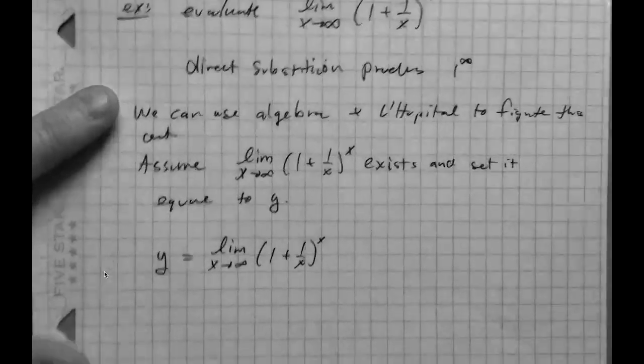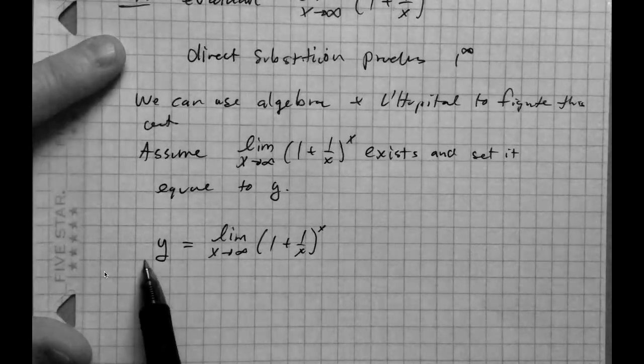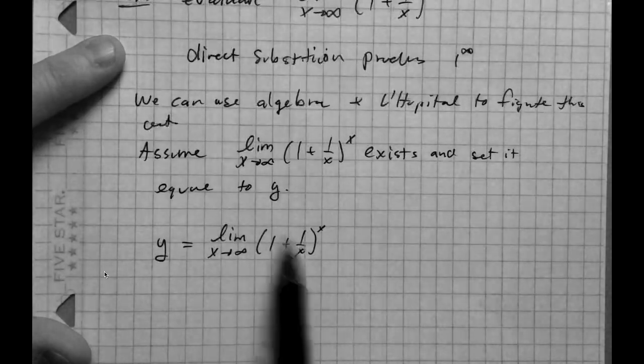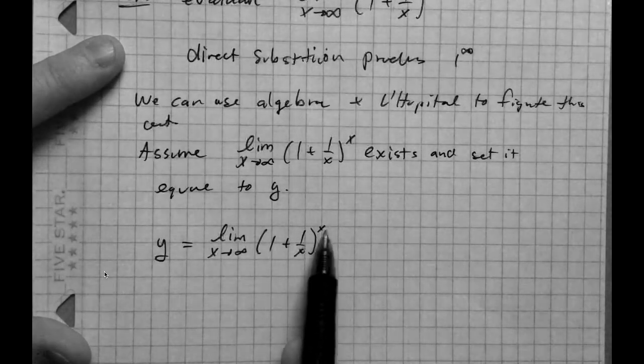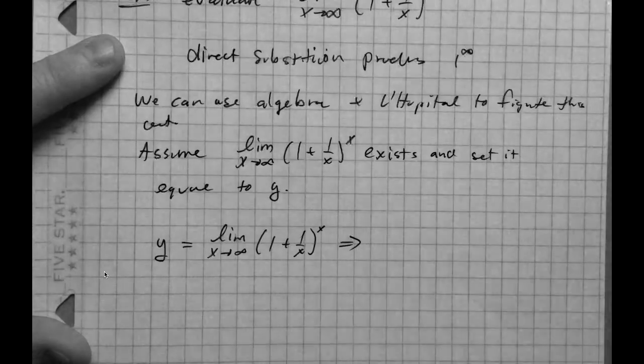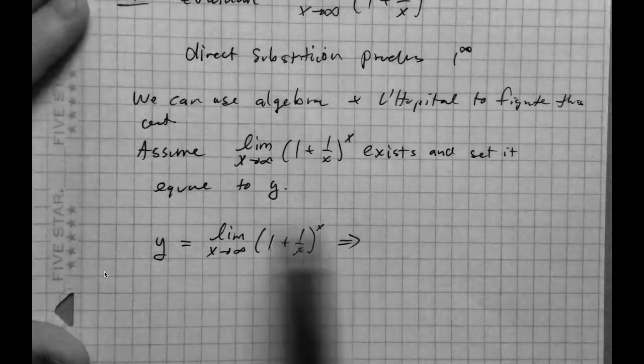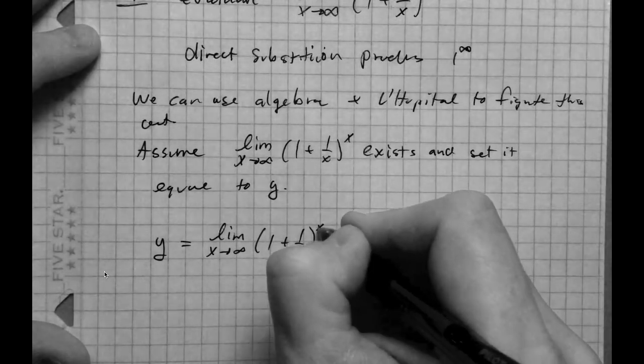Okay, and then we're going to do some tricks, right? One of the big problems with this is the exponent here. We can use the properties of natural logarithms to deal with this exponent and rewrite it in a different way.